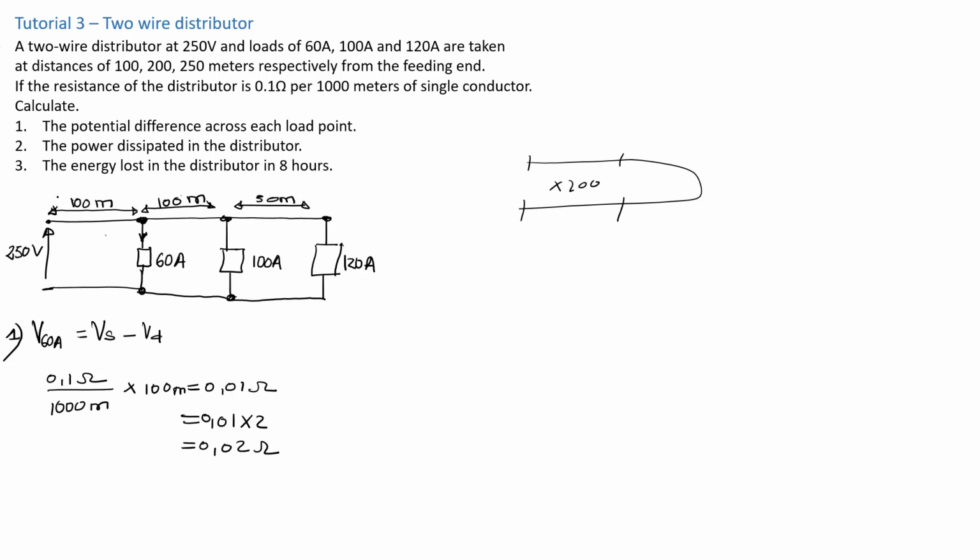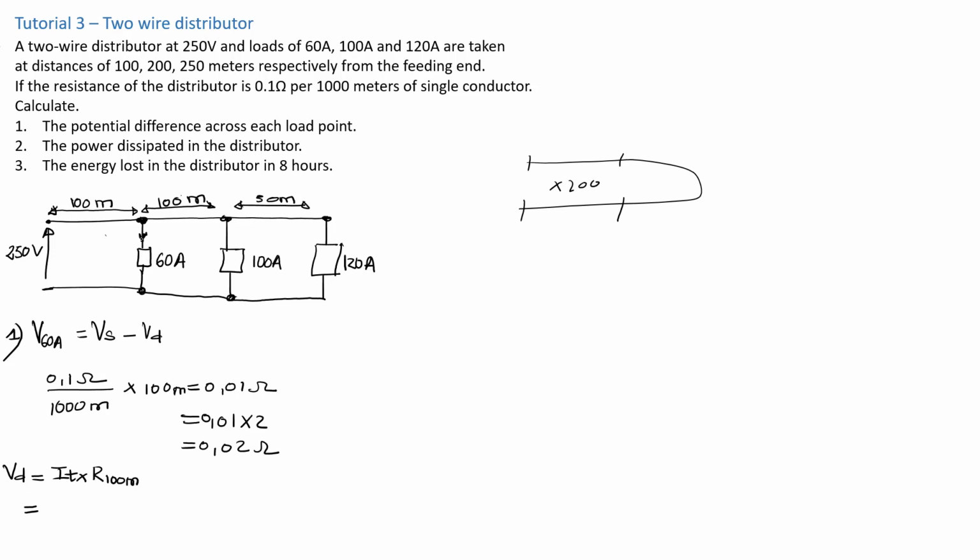Now that we know the resistance of this section of the transmission, we can go ahead and calculate the voltage drop across this section here. So that voltage drop, Vd, is going to be equal to I total times the resistance of that 100 meter section. Now, the total current here is simple.